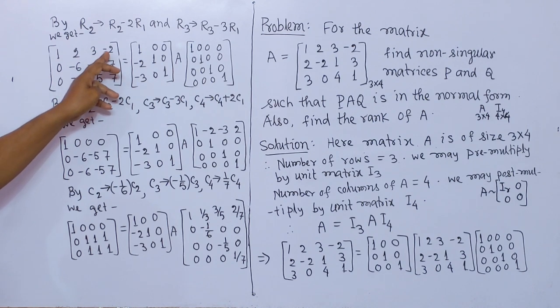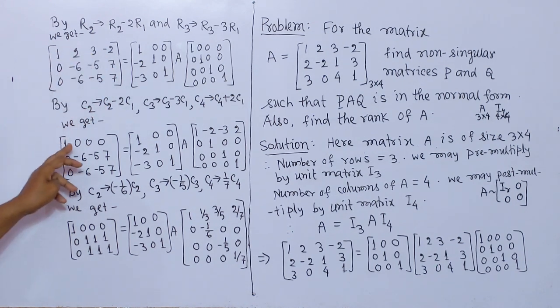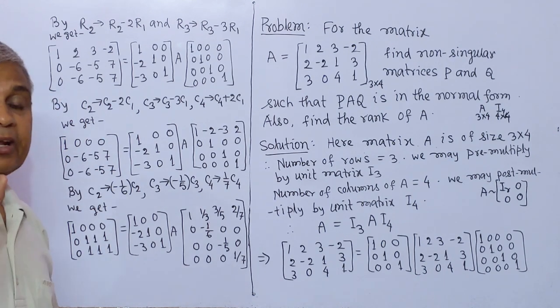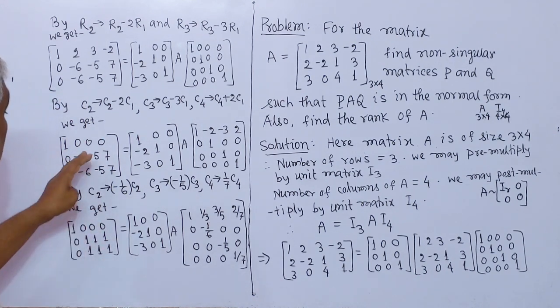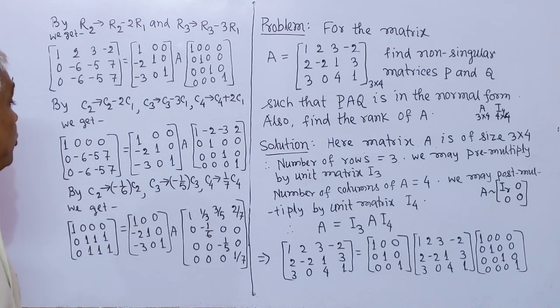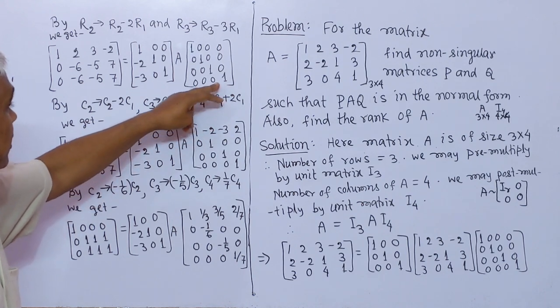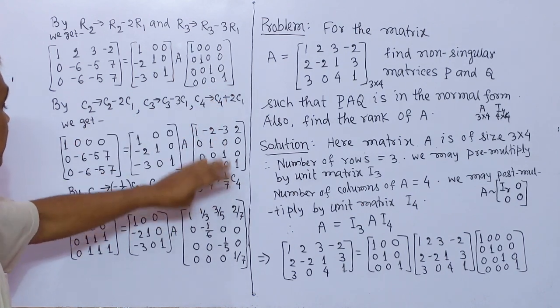Here C4 plus 2C1 means minus 2 plus 2, 0. And here will be 0, 0, 0. This is the elementary column transformation. So we will perform the same elementary column transformation in unit matrix I4 and we will get this result.